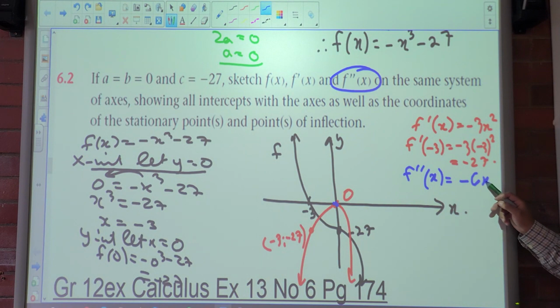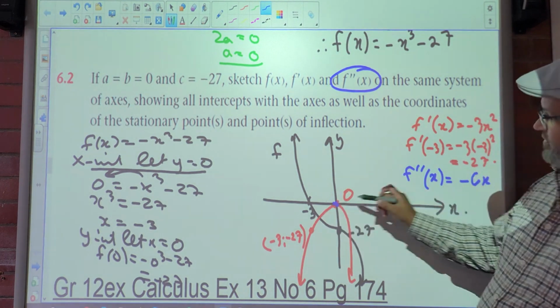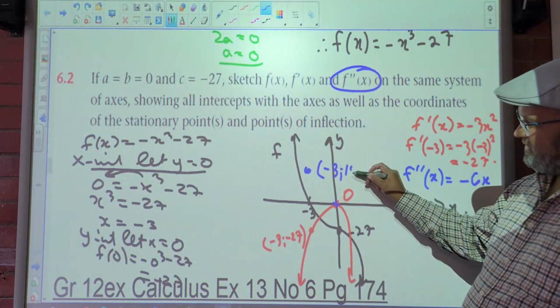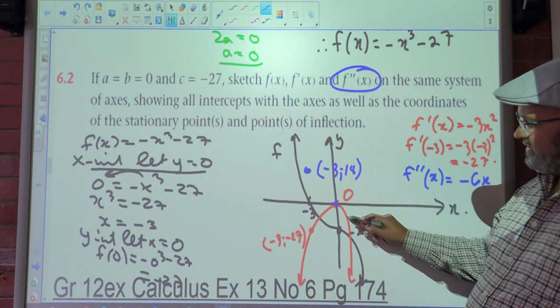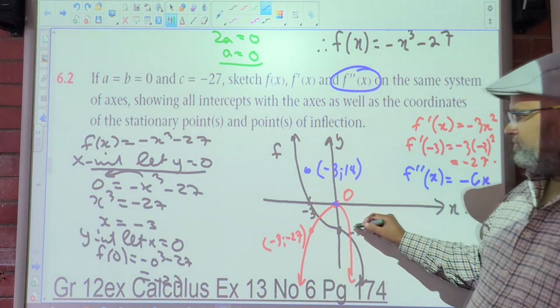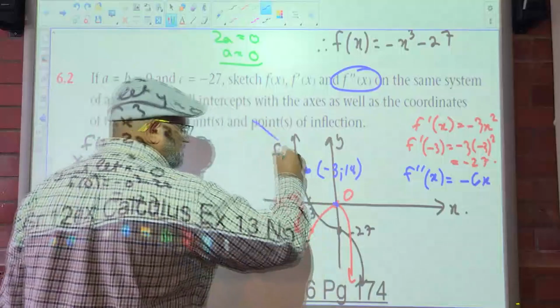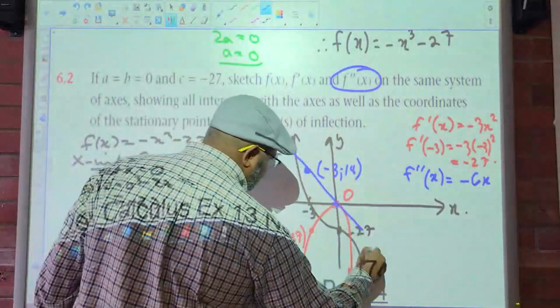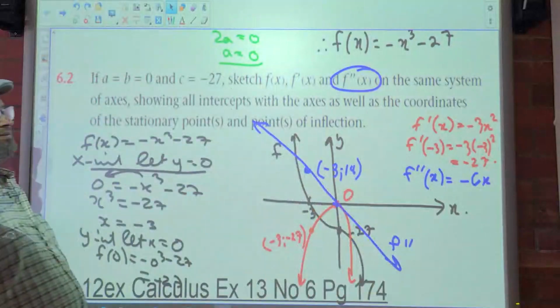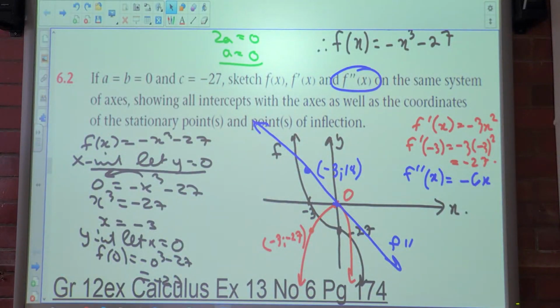If x equal to 1, y is negative 6. If I put negative 3 in there, I'm going to get positive 18, which is approximately negative 3 and 18. As I said, if I had put 1 in here, I would have got negative 6, approximately about here. So again, we take a ruler, we draw this graph. And that is your second derivative. Is there any confusion there? No?